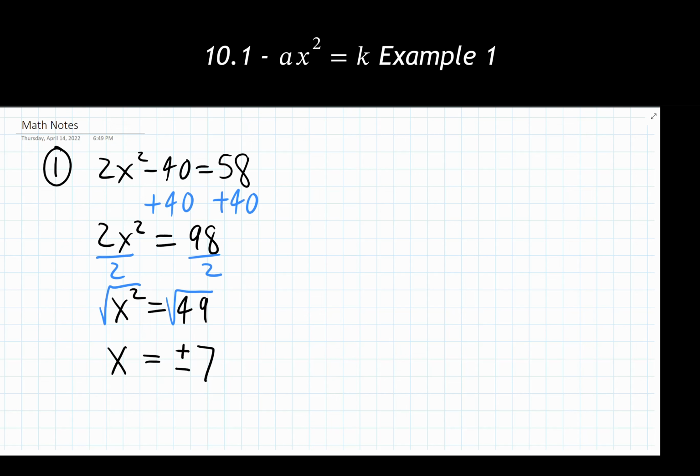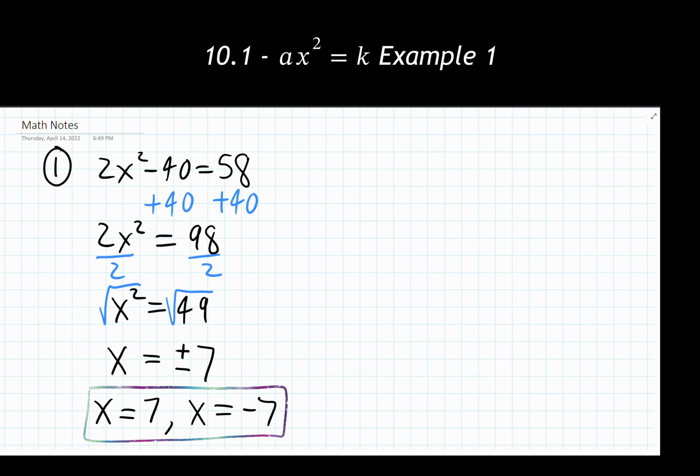So in this case, x could equal positive 7, and it could equal negative 7. There's nothing in the problem that indicates that we can or can't have one of these, or that we need to have only a positive answer or only a negative answer. So at this point in time, we can say our final answers are x is negative 7 and x is positive 7, and we are good to go.